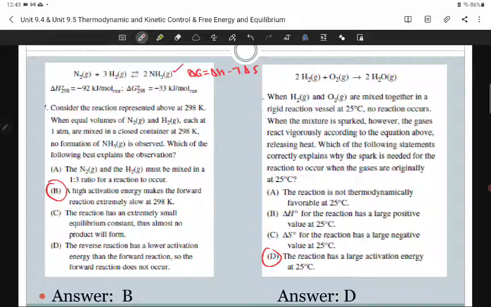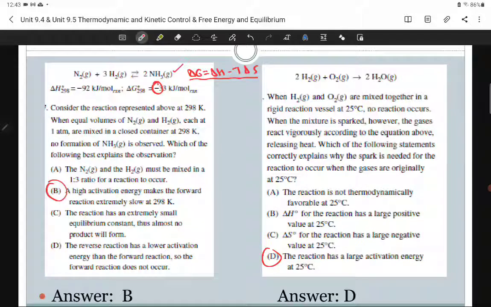That's still a good first thought to have. Typically with that equation we're solving for delta G, and we already have the delta G. It's negative. That means it's thermodynamically favorable for this reaction to occur at 298 K.